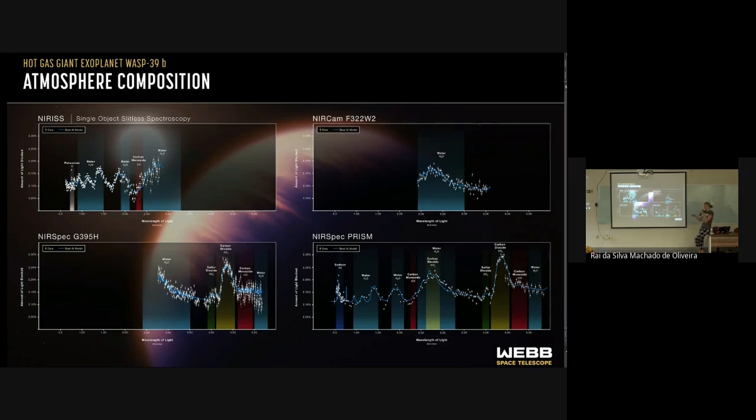This, for example, would be mostly water features. Here we have a huge CO feature, and then this is the SO2 feature. Unfortunately, the resolution isn't quite as good for you to see this, but all these bumps really relate to the species of molecules in the atmosphere.